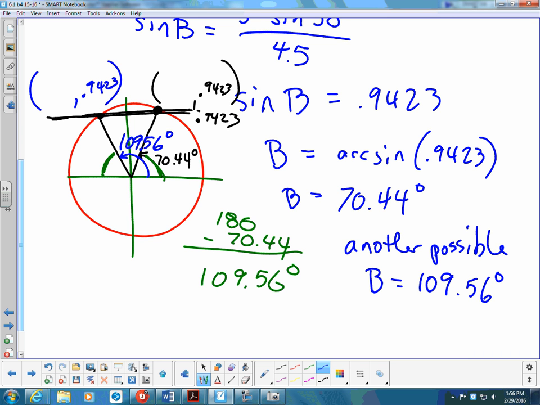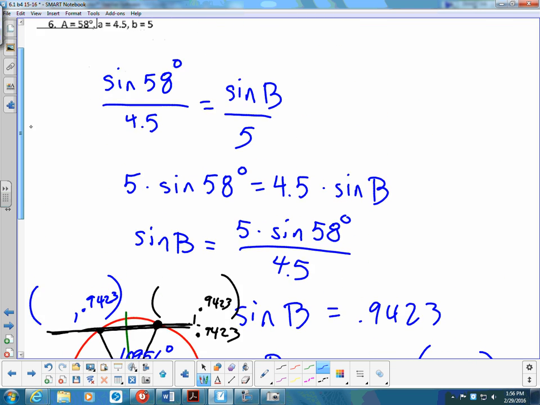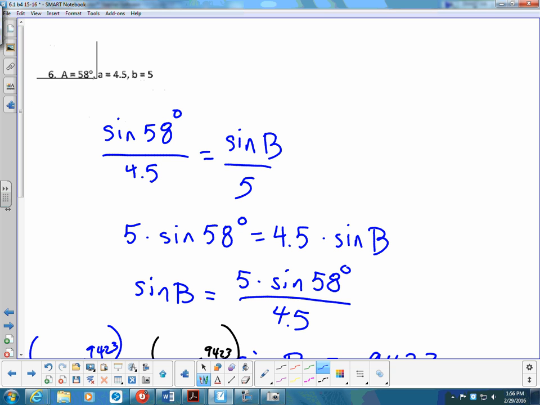because we would still have to have room for our third angle. So what do we know about this triangle so far? We only know that angle A is 58 degrees. Angle B could be 70.44 degrees, right? And if that's the case, what would be angle C? I'm just talking about the first triangle where angle B is 70.44 degrees.